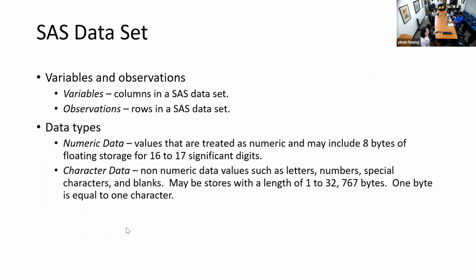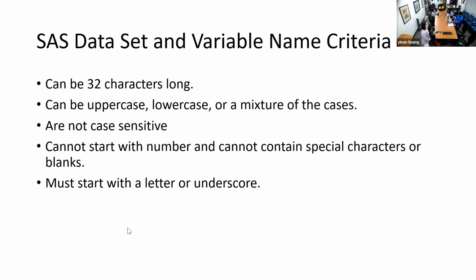Okay, great. Now let's move on. Some more information about the conventions we have to keep in mind when we set up our variable names. You cannot set them up as long as you want. SAS data set and variable names can be 32 characters long. A is a character, B is a character.